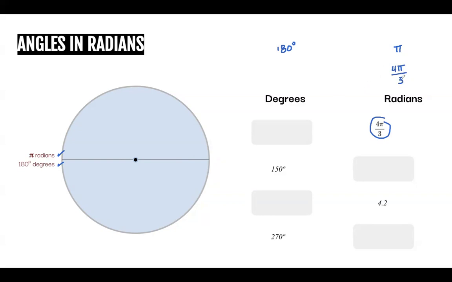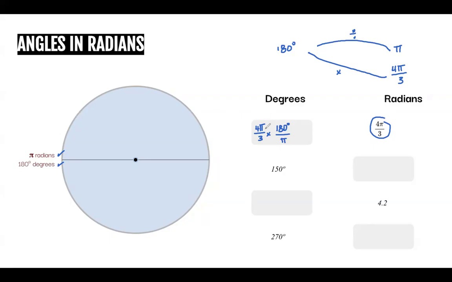So in order to compute the degrees, you would have to multiply by 180 and divide by pi. So we're going to write it just like that, 4 pi over 3 times 180 divided by pi.